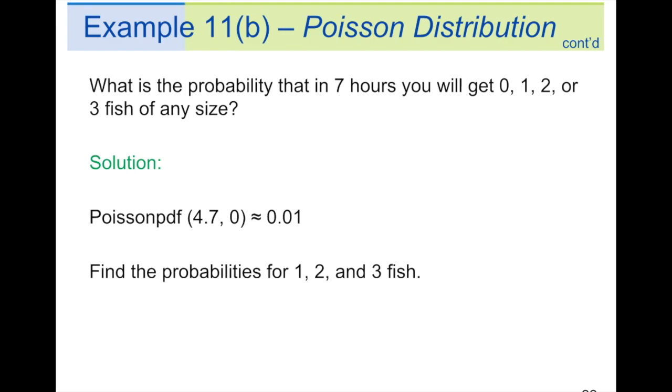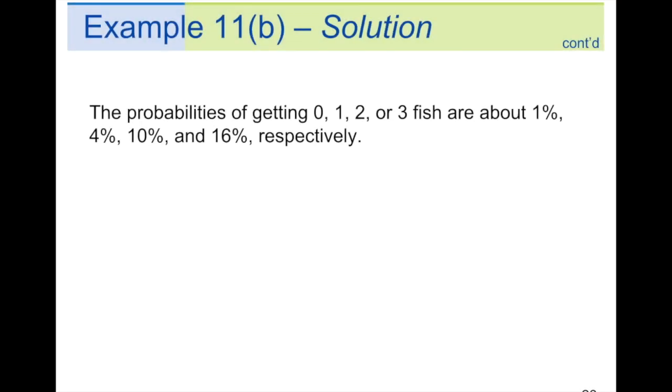So the probability of that is 0.01. Find the probabilities for 1, 2, and 3 fish. Probabilities of getting 0, 1, 2, or 3 fish are about 1%, 4%, 10%, and 16% respectively.